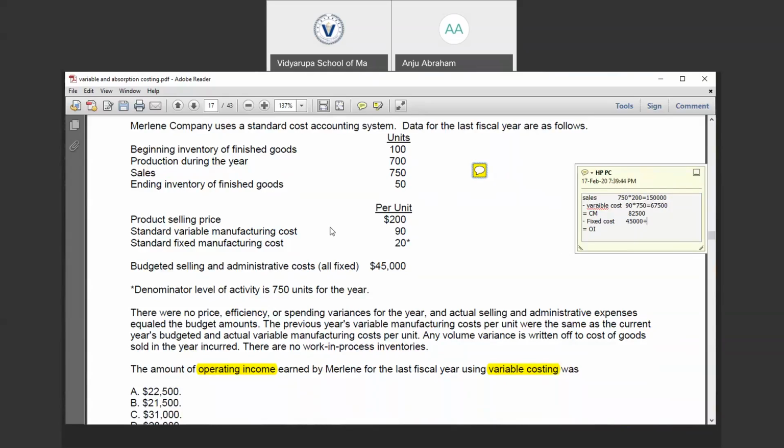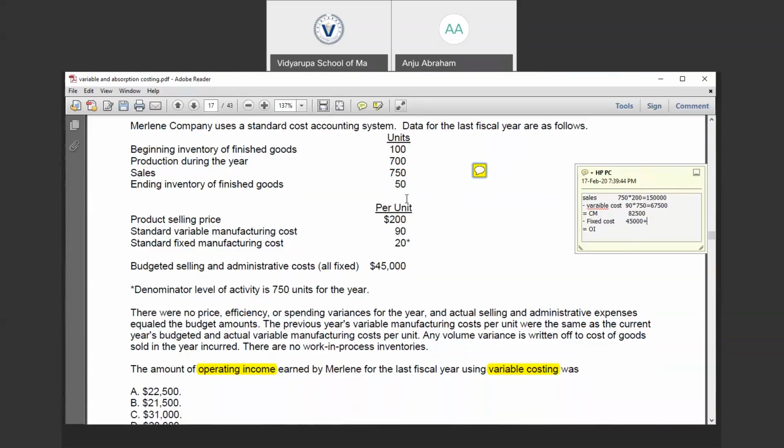Let's check. Our beginning finished goods inventory was 100 and production during this year was 700. So the total units available for sale is 700 plus 100, 800. Among these we sold 750 units. So the ending inventory equals 50.